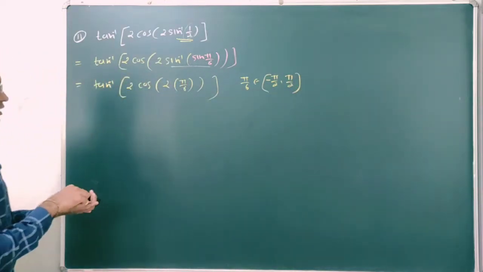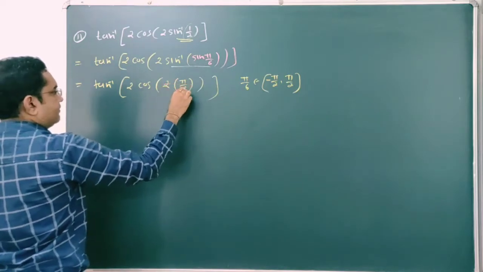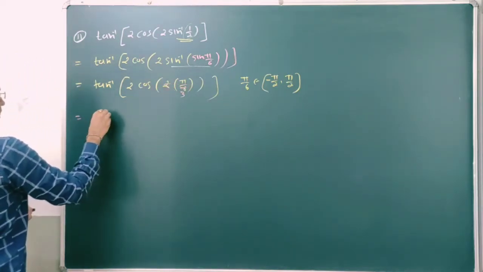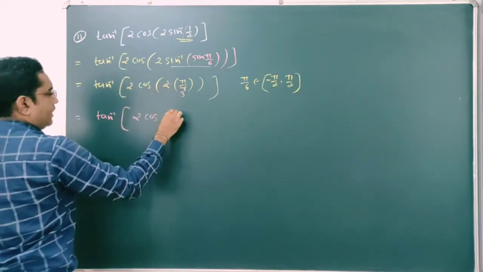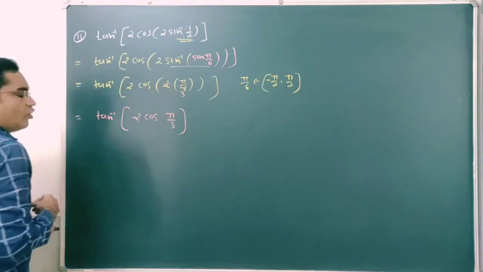Done. So here 2 into pi by 6 is nothing but pi by 3, and therefore we can write this one as tan inverse 2 cos pi by 3.